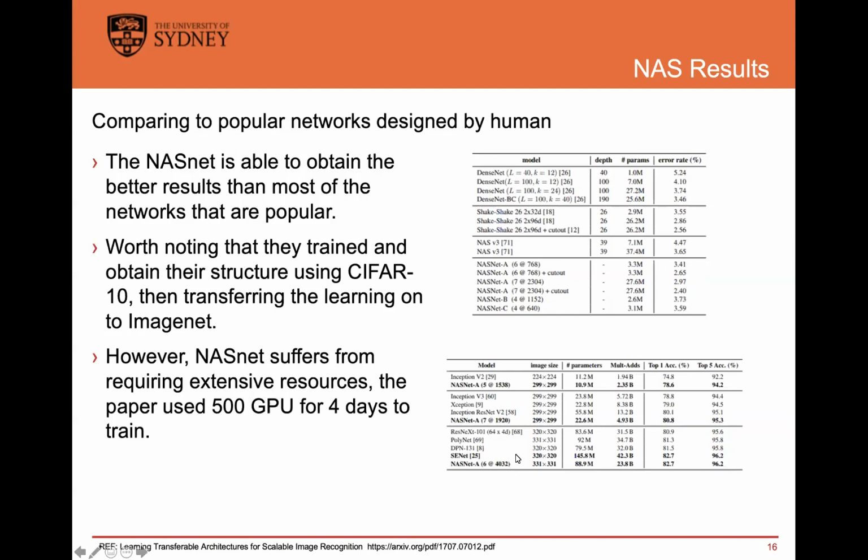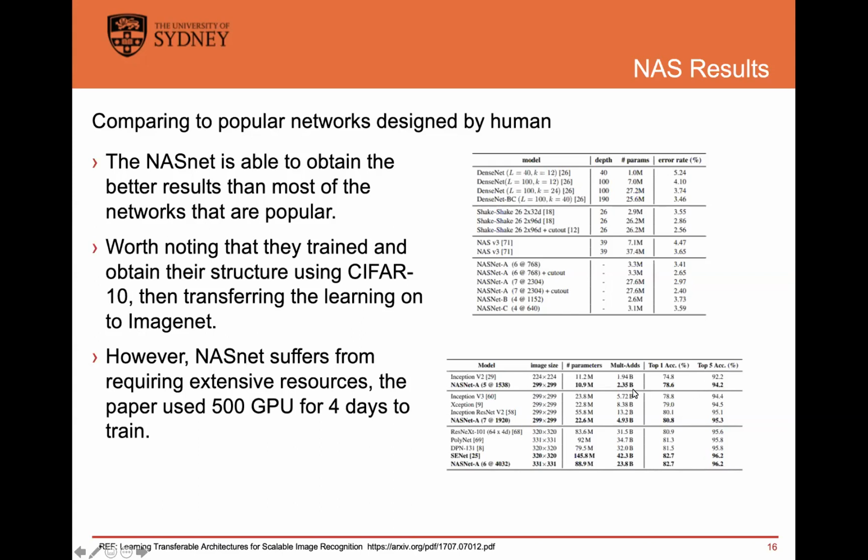So if you compare, let's see, Inception V2, that's a very popular one that's being used currently. It has 11.2 million parameters, while NASNet has 10.9 million, and these actually have better top-1 accuracies and equivalent top-5 accuracies.